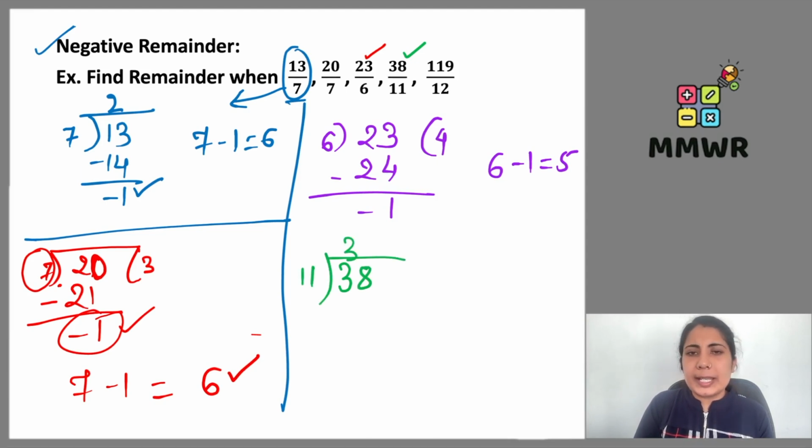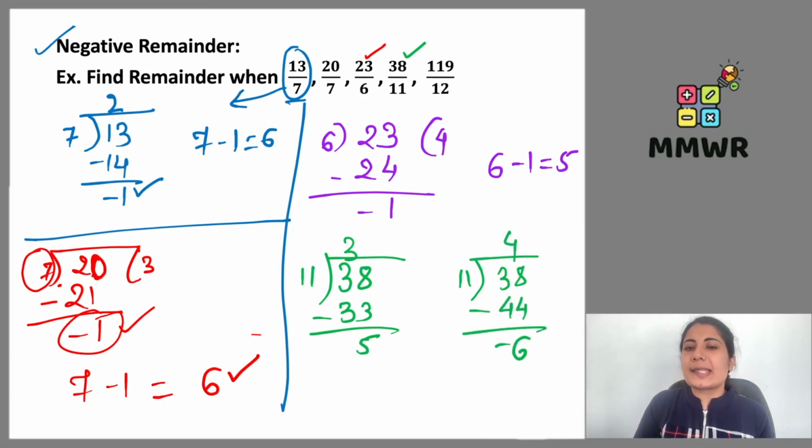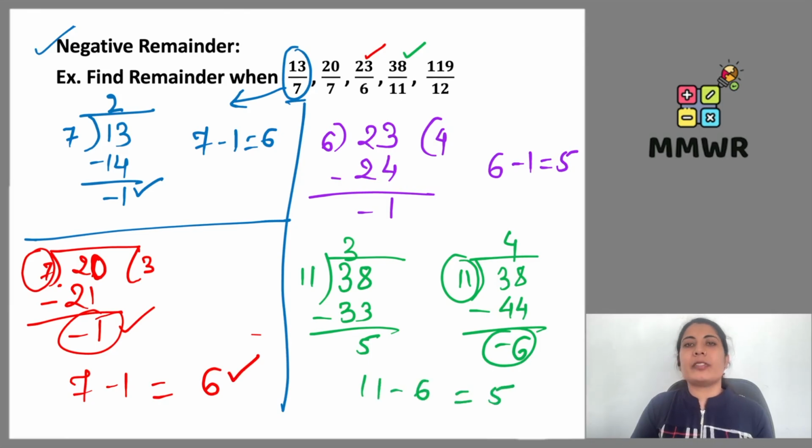Now 38 divided by 11. So here you can directly take 11 threes are 33 and the remainder is 5. But still, just to understand the topic, 11 fours are 44 and this gives me minus 6 here, the remainder, right? 38 minus 44 gives me minus 6. 38, 39, 40, 41, 42, 43, 44. Yes, minus 6. Now, 11 minus 6 gives me 5 remainder.